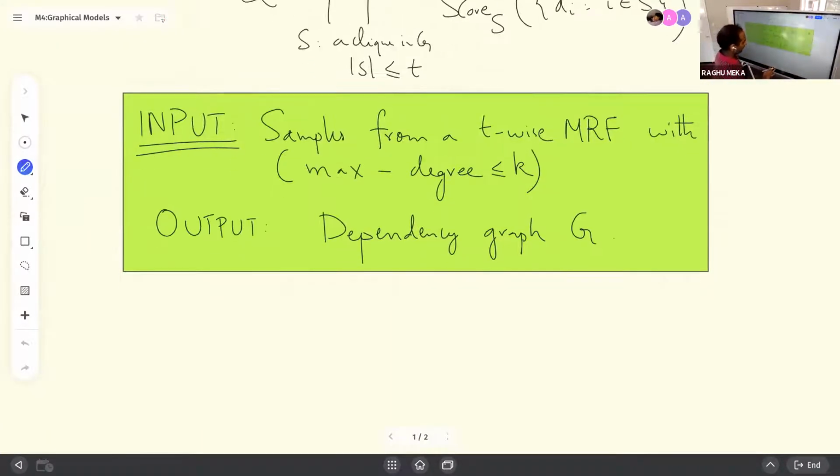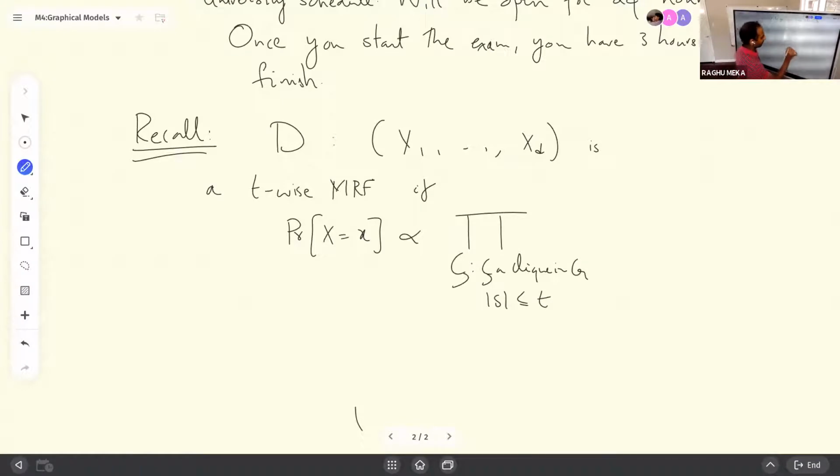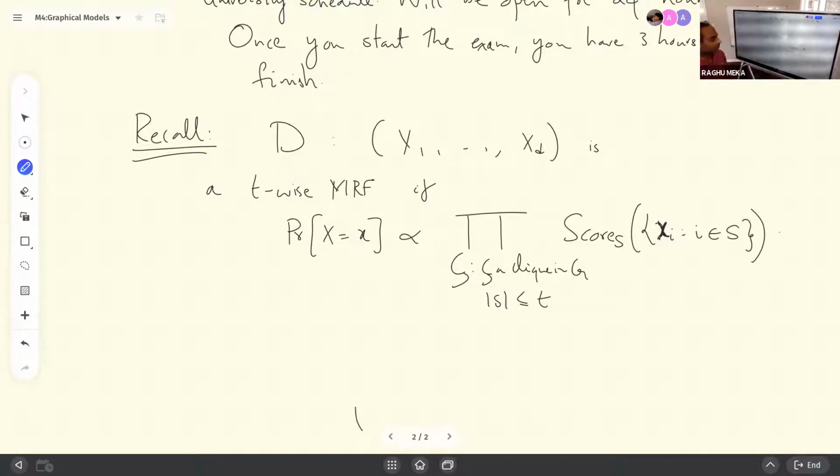Score. Okay, so this is what the probability density function looks like.